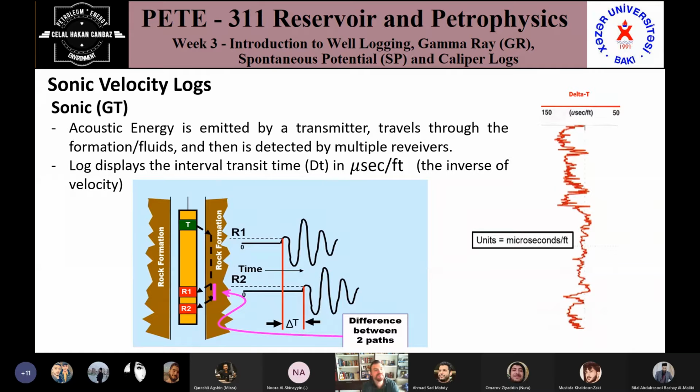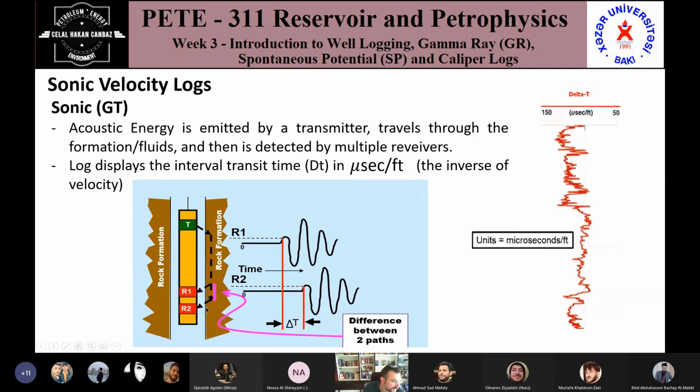Some part of this sonic signal reverts back to the wellbore and is read by the receivers. The log displays the interval transit time in microseconds per foot as the inverse of velocity. Because of that, we call this one sonic velocity logs.